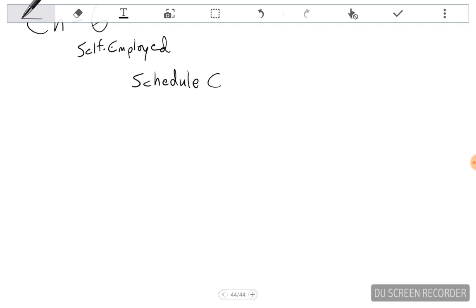Normally, if you're a contractor, you go at your own leisure, you control all the workflows. You don't really have a set schedule.